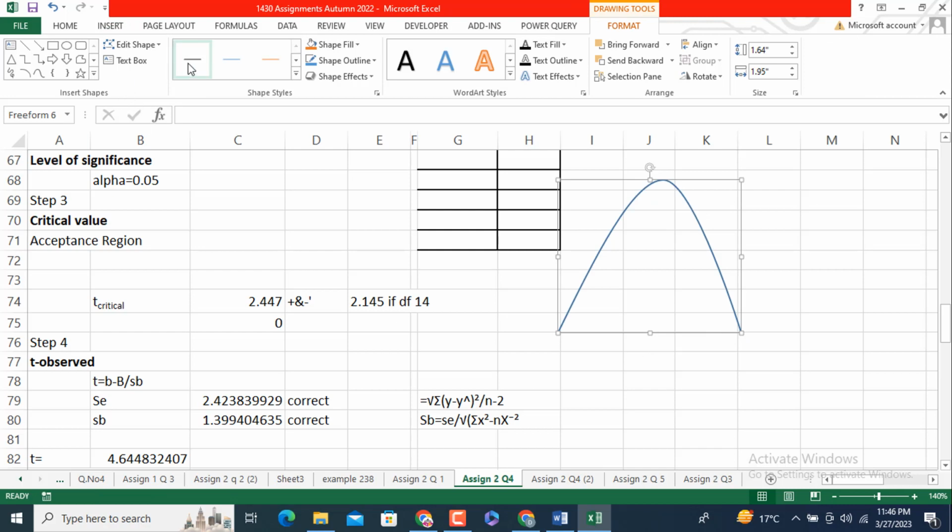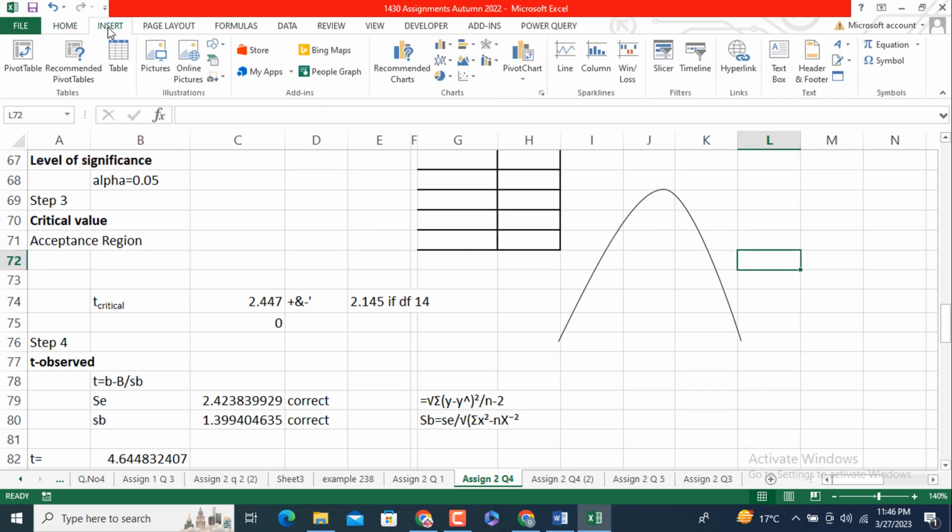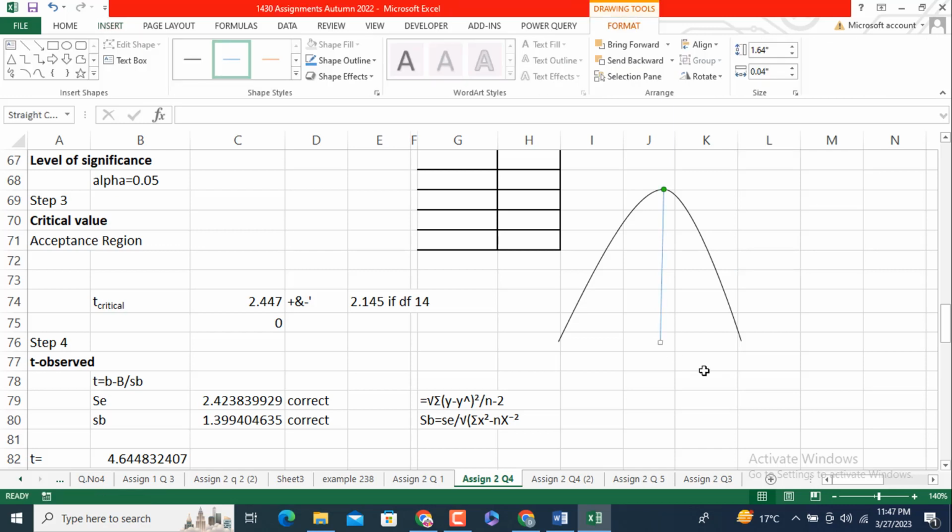Then just draw a line here. Click on one straight line here. Copy it to make two lines. This is just a rough thing.